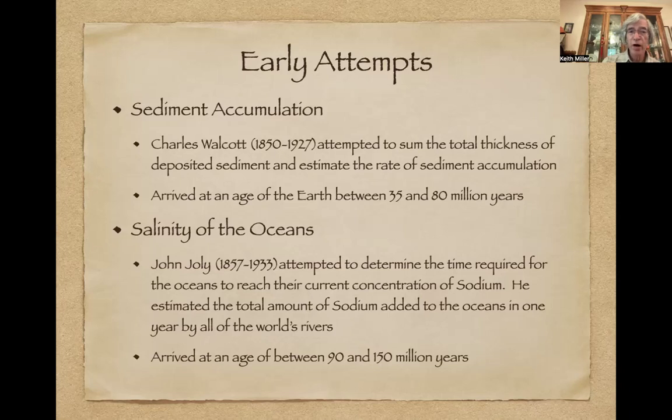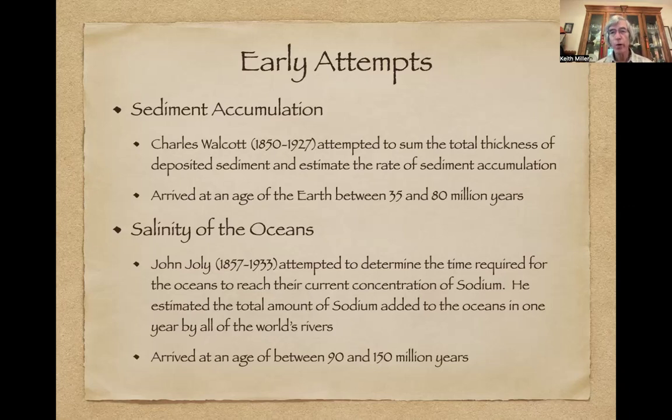Another person tried the salinity of the oceans, a person called John Joly. He tried to say, okay, let's assume that when the oceans first formed, they were fresh water. So I need to calculate how quickly salts have been added to the ocean.